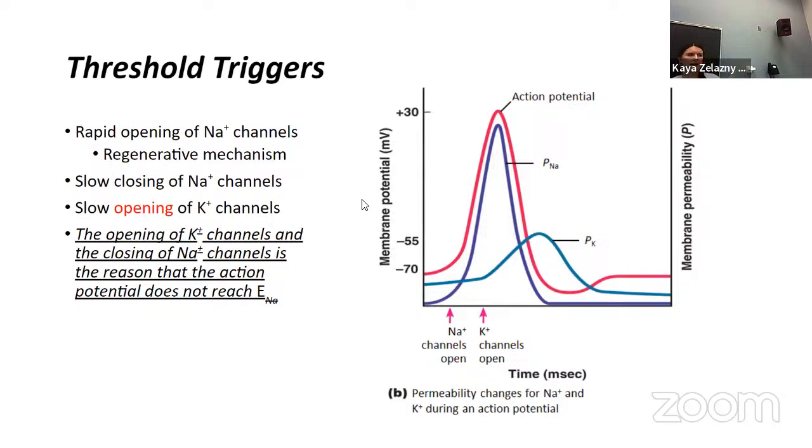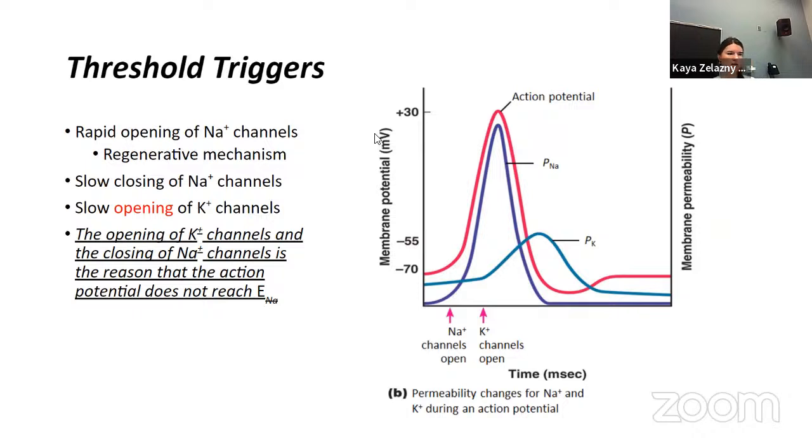We then have a rapid opening of those voltage-gated sodium channels. This is regenerative, meaning it just happens over and over. We slowly close those sodium channels, stopping our rise of the membrane potential. And then at the same time, our potassium channels are slowly opening, allowing a little more leak, right?